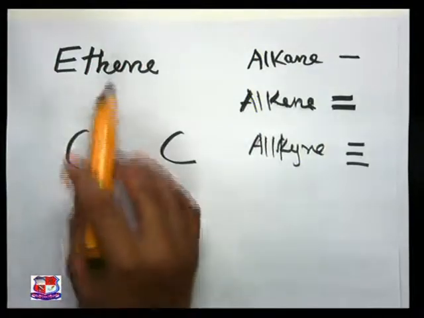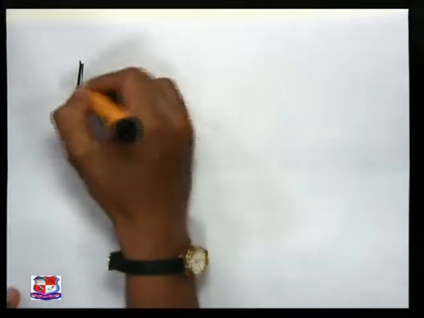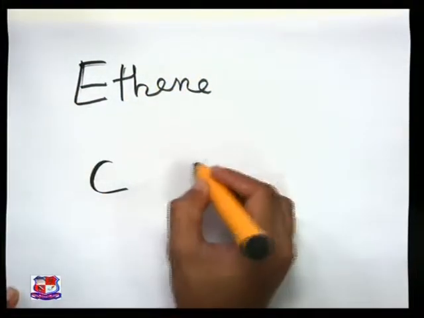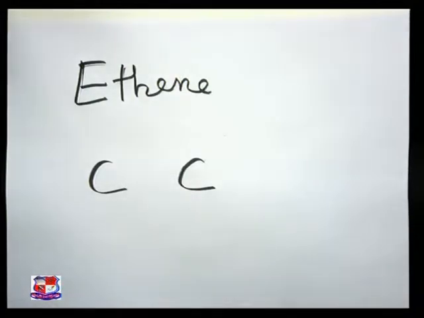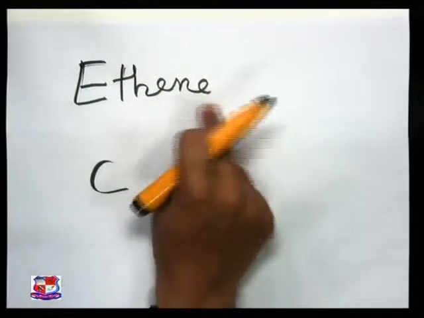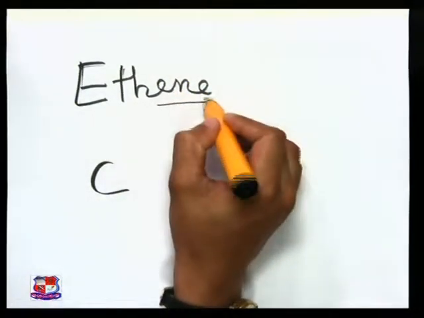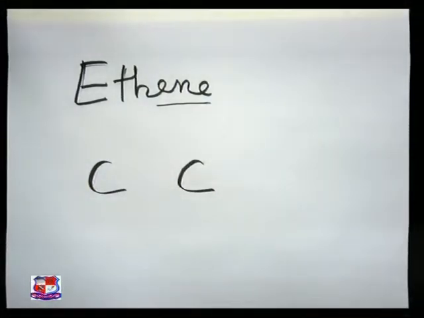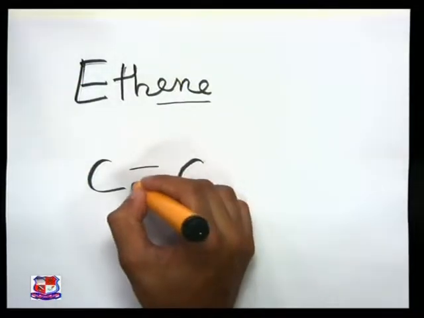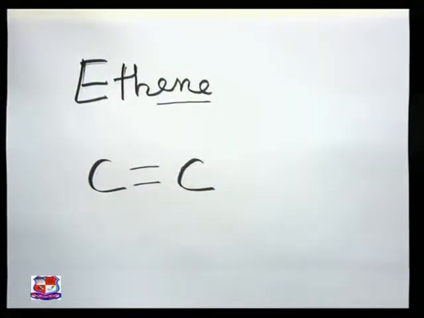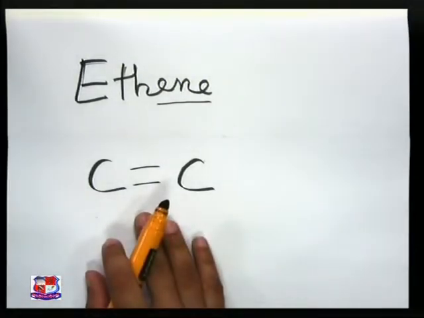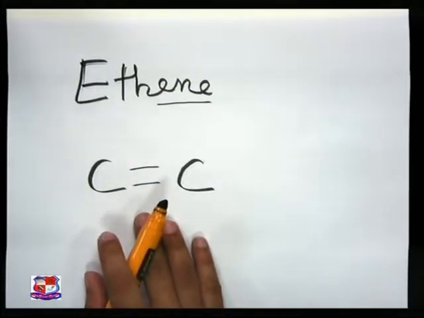Now we have the ethene molecule. One concept is clear: it is a two carbon compound. The second detail is that ENE is there, which means it is an alkene. That suggests the carbons will have a double bond, so we put a double bond between the two carbons. After this, we compensate the valency of the carbon, which is 4.